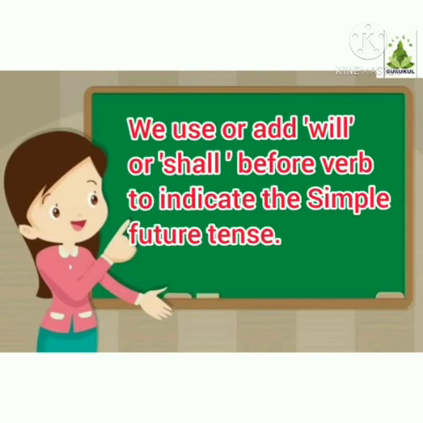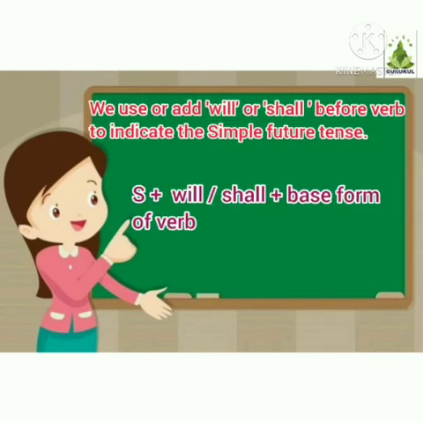First rule, we use or add will or shall before the verb to indicate the simple future tense. The formula for the simple future tense is subject plus will or shall plus base form of verb.